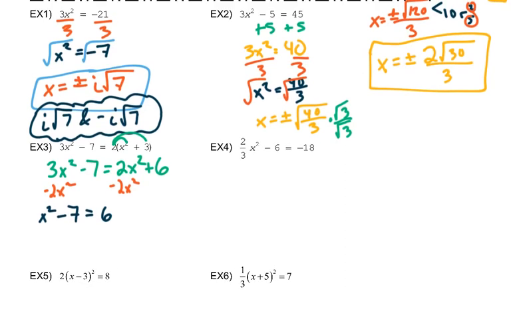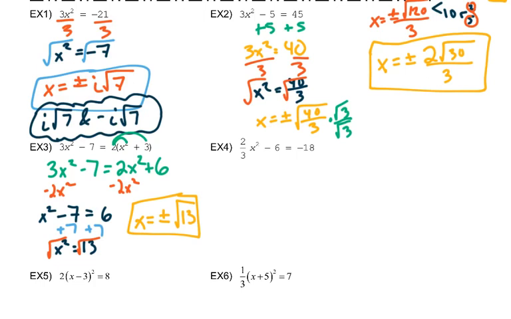We keep isolating our x squared, so we'll get x squared equals 13. Now I can take the square root of both sides, and we'll get x equals plus or minus the square root of 13. I know that 13 is prime, so that's got to be our final answer. There's nothing more to simplify there.